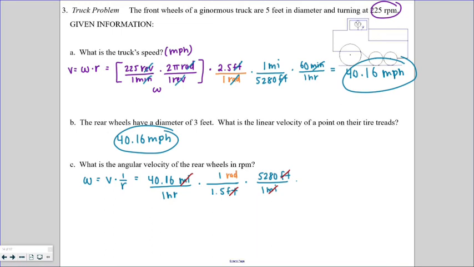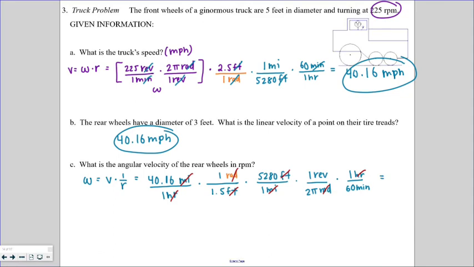So I'm going to turn the radians into revolutions. 1 revolution is 2 pi radians. And then the last thing I need instead of hours is minutes. So 1 hour is 60 minutes. Type that into your calculator.